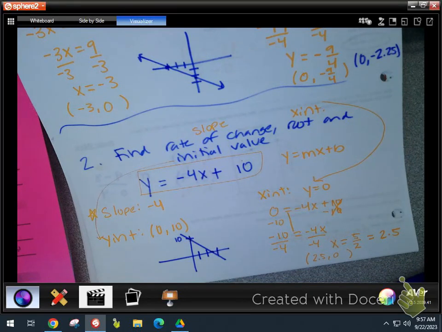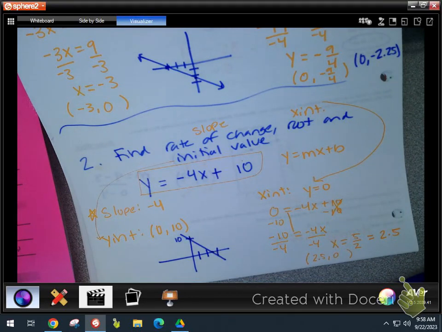The front, 1 through 6, is all slope. 7 through 12 is all x and y intercepts. And then 13 through 18 is all real world stuff. I know it seems like a lot, but these real world problems are just big pictures, so they just take a little bit longer. There is an answer key to this on Canvas, and you can work on it.